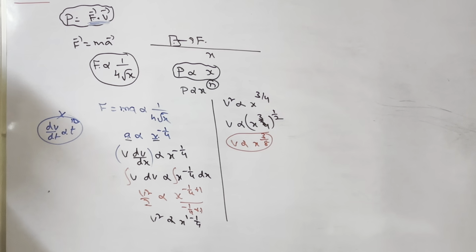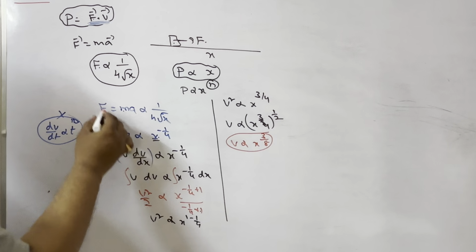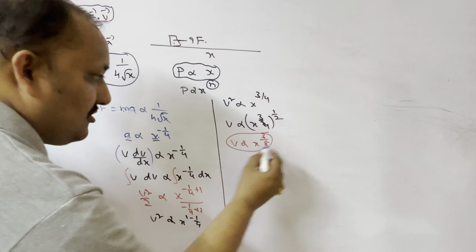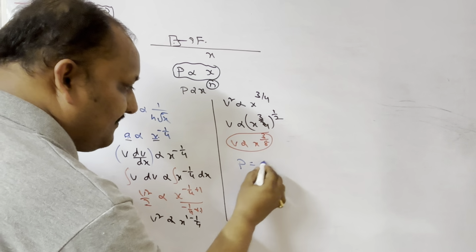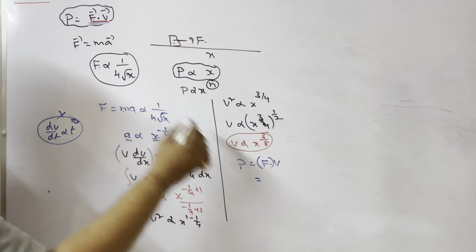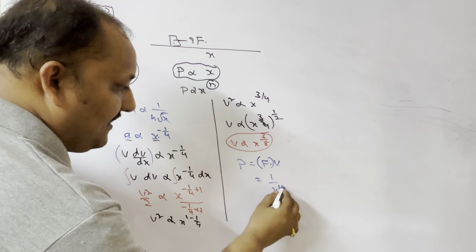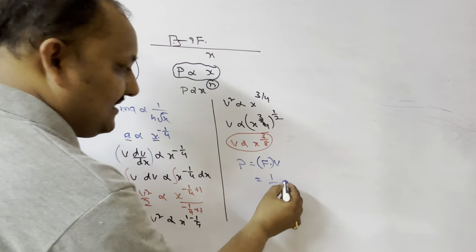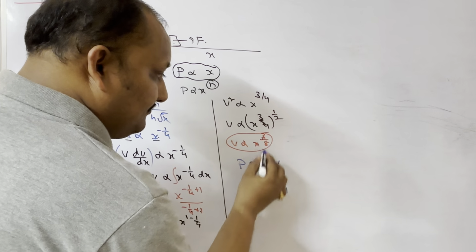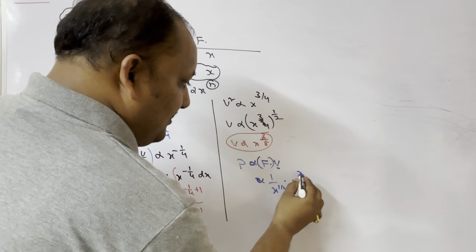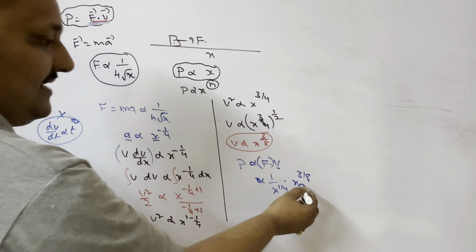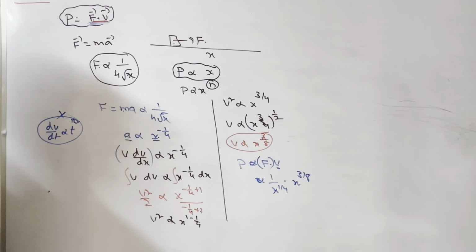This is the velocity and distance relation. How do we get power? Power is going to be force into velocity. Therefore, we can write the power relation as F into v. What is the F value they gave? 1 by x power 1 by 4. What is the velocity relation we got with respect to x? x power 3 by 8. This is velocity, this is force.